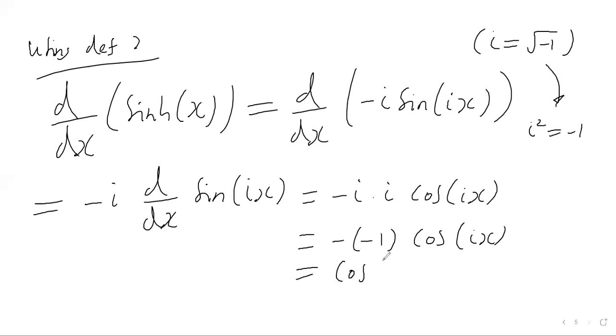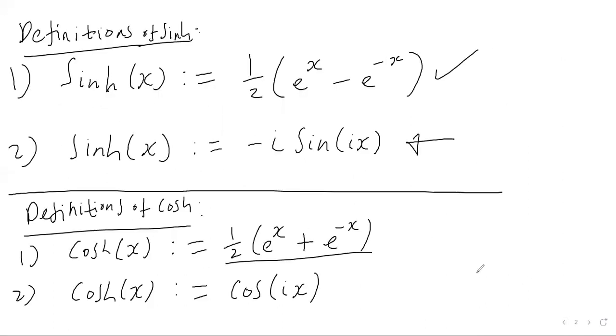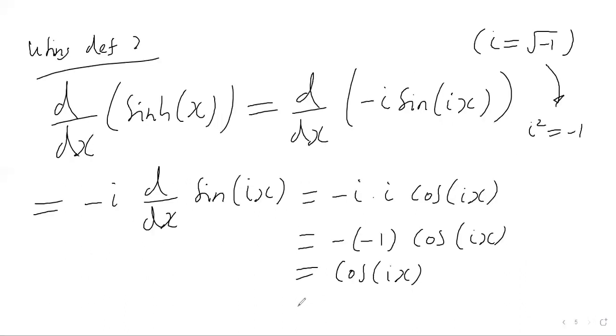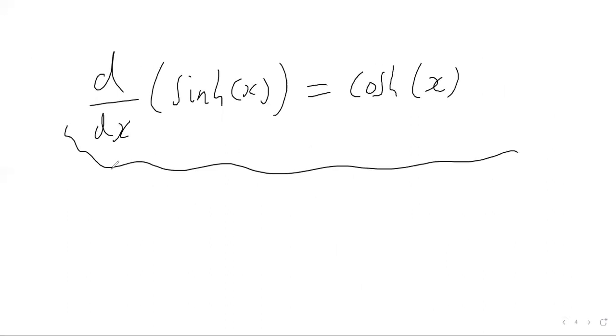So that's cos ix. If we go back to our definition list, cos ix is by definition the same as cosh, or hyperbolic cos of x. So using the second definition, we've once again shown that when you differentiate hyperbolic sine, you just get hyperbolic cos. That result is still true regardless of which of the two definitions you use to prove this.